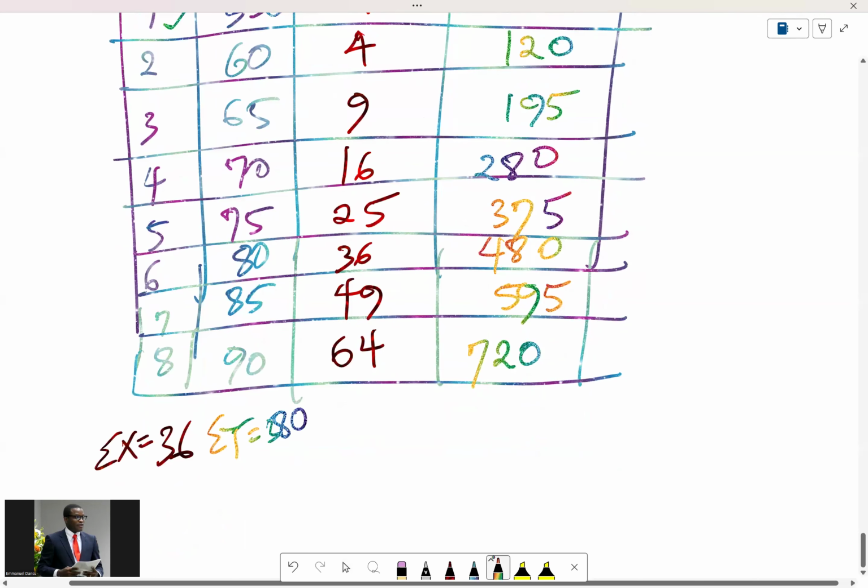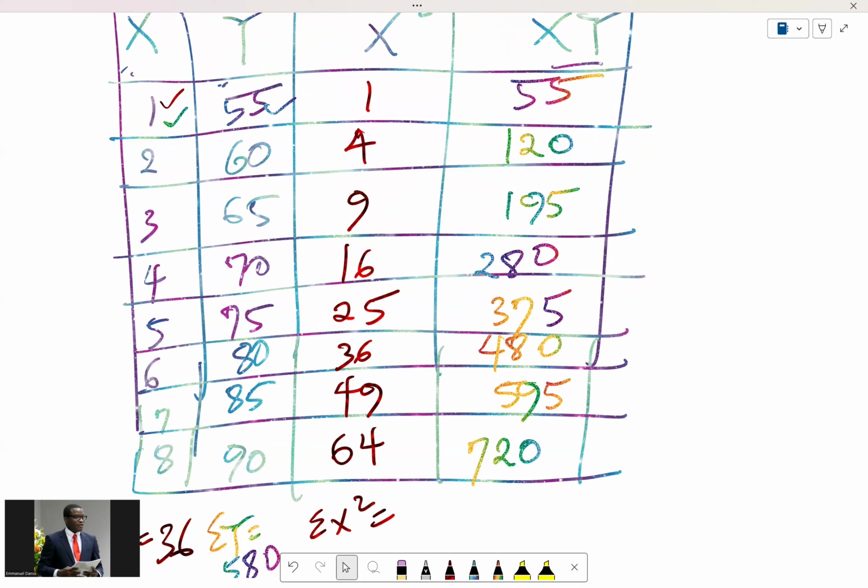Then we go for the next one. We need the summation of x squared. 1 plus 4 is 5. 5 plus 9 is 14. 14 plus 16 is 30. 30 plus 25 is 55. 55 plus 36, plus 49, plus 64. That is 204.